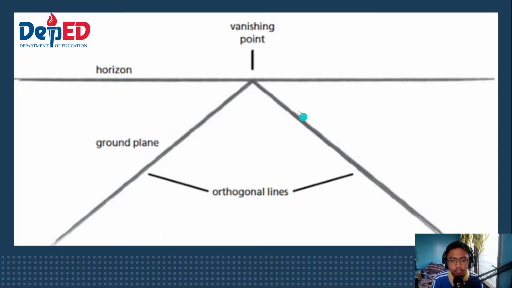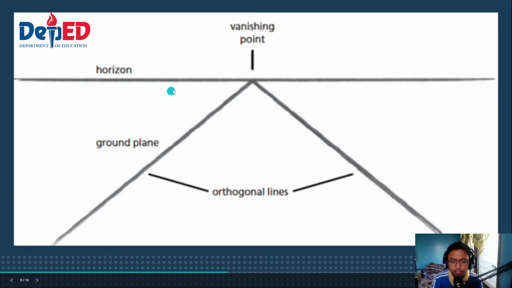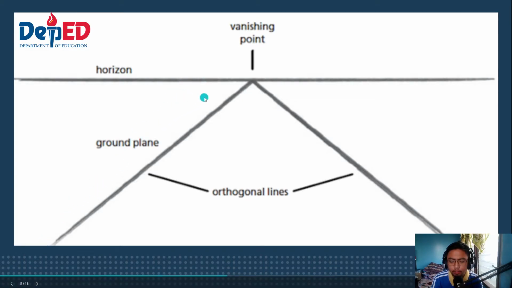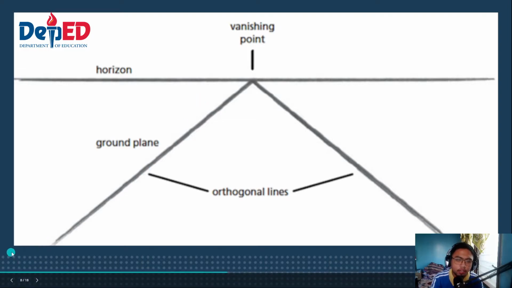These orthogonal lines are just imaginary lines that will guide you when you are drawing, so that your proportions would be the same. For example, you're going to draw a line here to signify the division in a road. It will help you determine how thick or how long the lines are. If you have trees here, they will have different sizes because the distance differs.